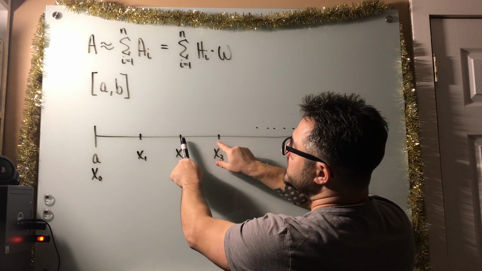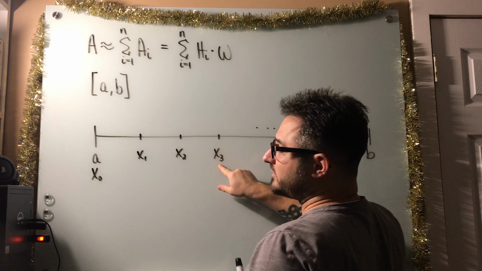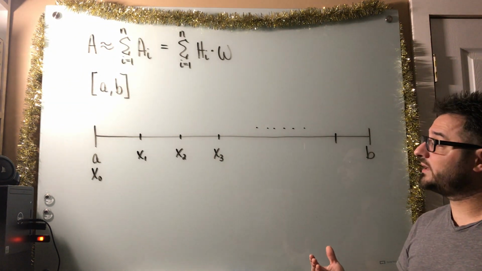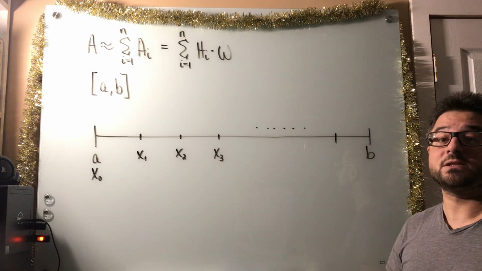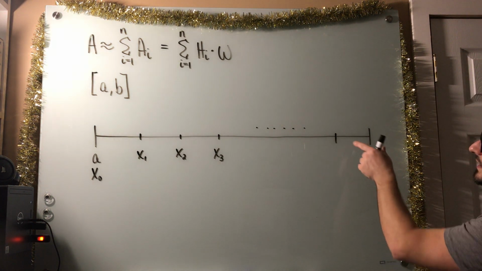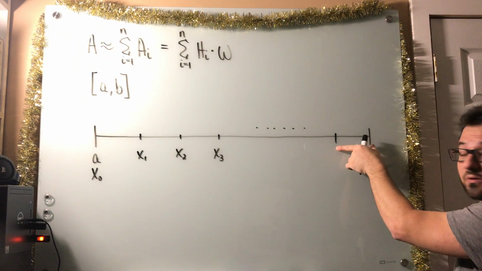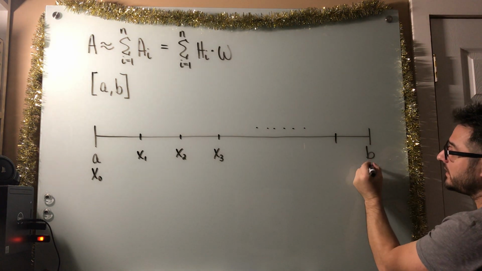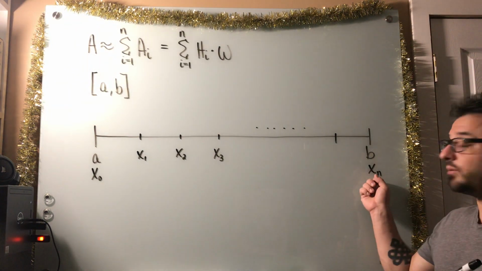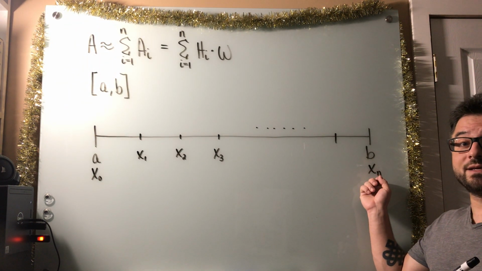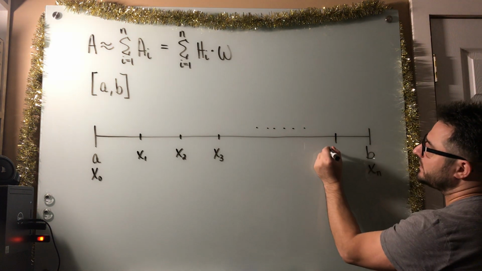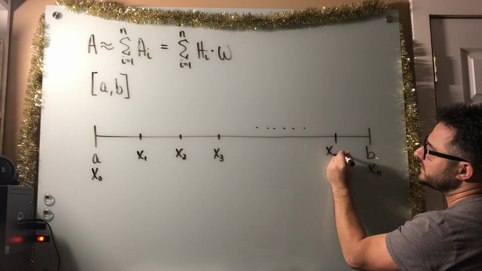The right endpoint of the third is X sub 3. In general, the right endpoint of the ith subinterval is X sub i. So the last subinterval, if there are n of them, should have a right endpoint of X sub n because it is the nth subinterval. That would make this X sub n minus 1.